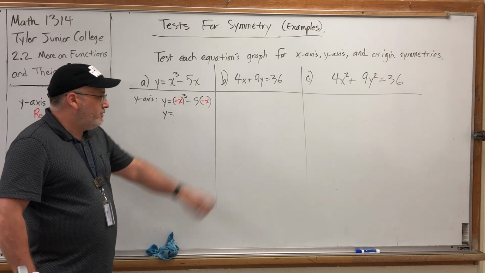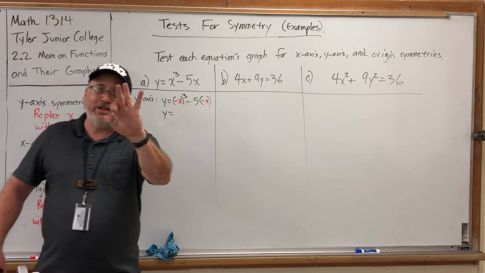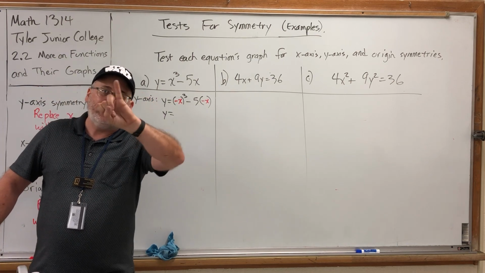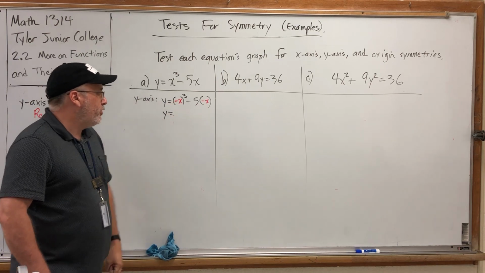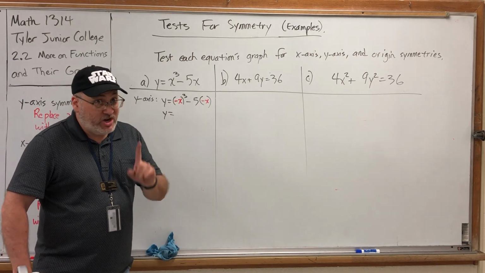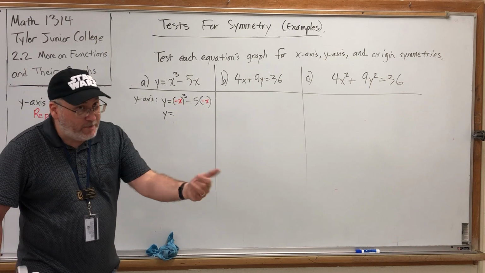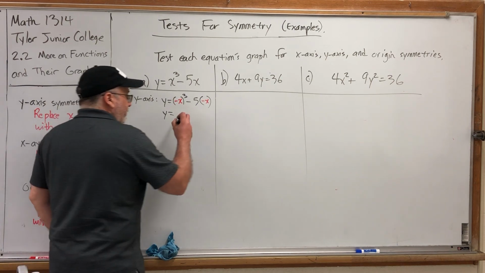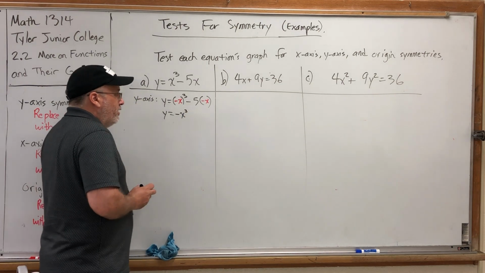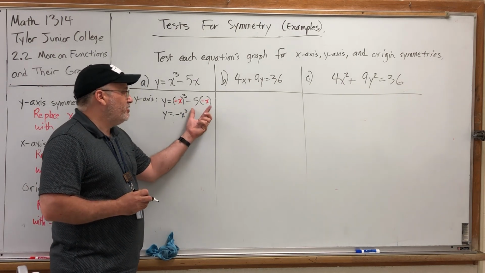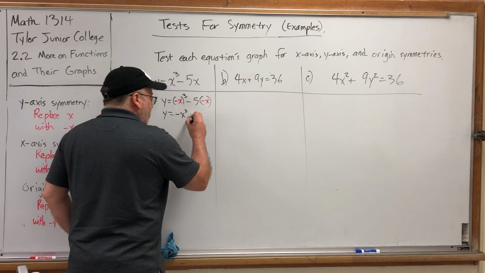Well, when you raise a negative to the third power, the first two negatives multiply to make positive, but the third one comes back in and keeps it negative. So a negative raised to the third power, and more generically, a negative raised to an odd power, preserves the negative. So it stays a negative x cubed. On the second half, we have negative 5 times negative x, which is positive 5x.